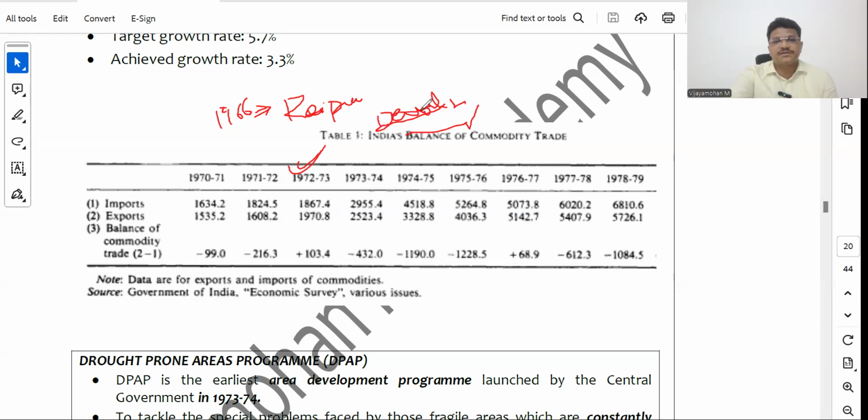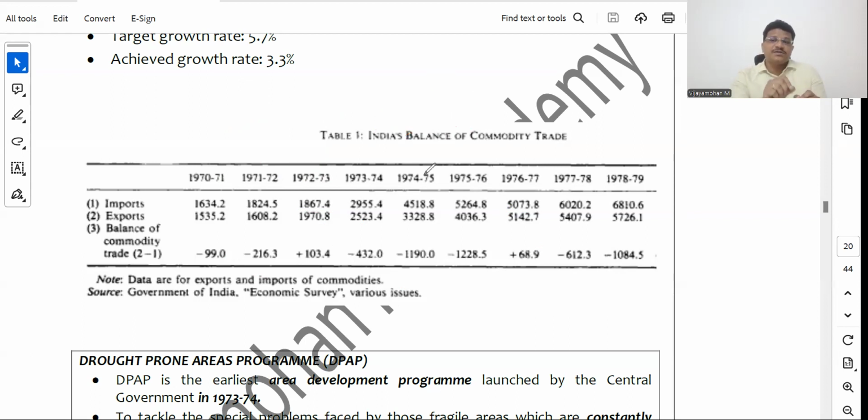Because of the effect of this rupee devaluation in 1966, the economic boom that was there during the initial periods of the 1970s in the world economy, and the export promotion given by the Indian government during the initial periods of the 1970s, this trade surplus has happened.